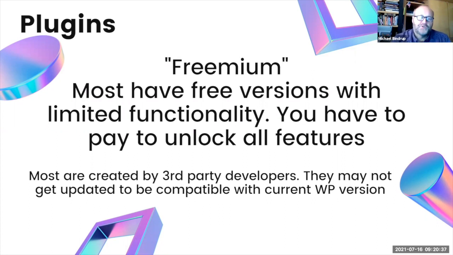The tricky part is that they may not get updated as frequently as WordPress does, or they may not be compatible with the current version of WordPress. What typically happens is WordPress releases a new version, and when you upgrade, suddenly your plugins may get knocked out.